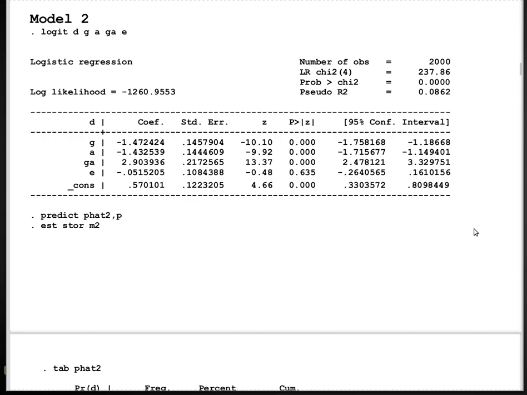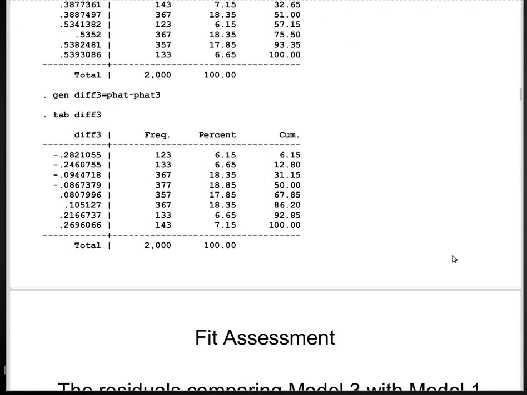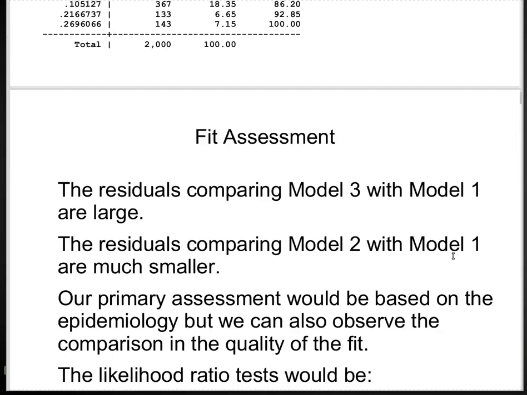Now, you could say in somewhat of an important way, we can note that model 2 and model 3 are also different. Now, you'll notice here I have not provided the likelihood ratio test comparing model 2 and model 3.